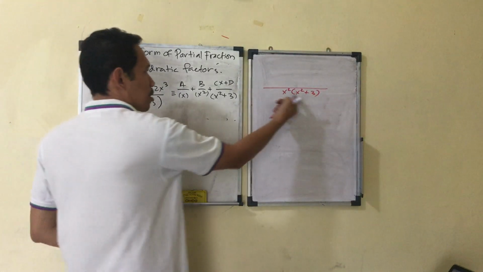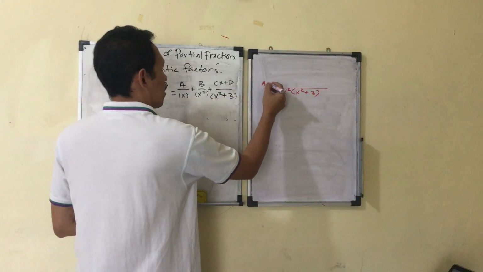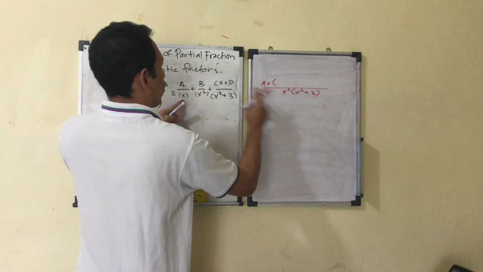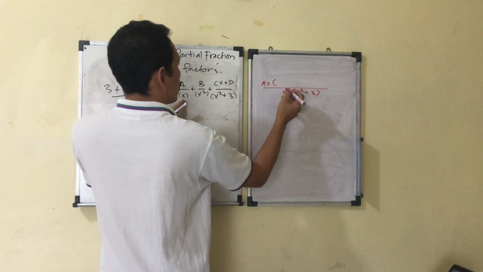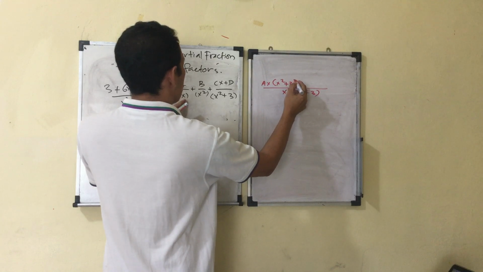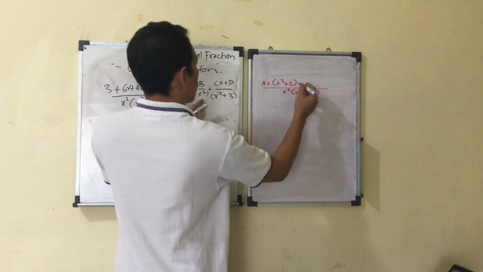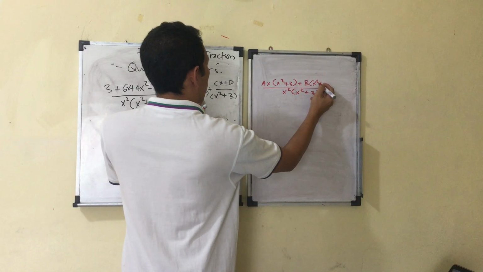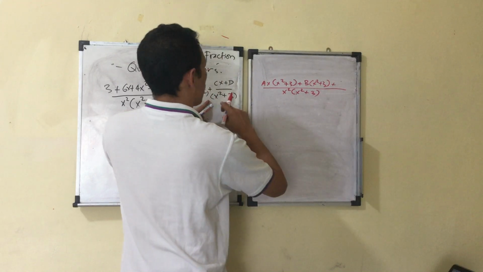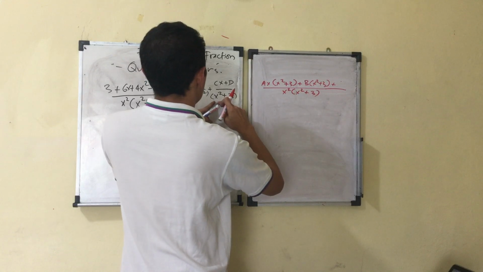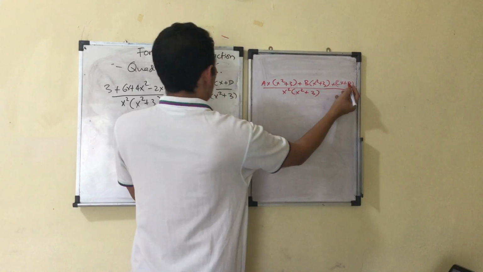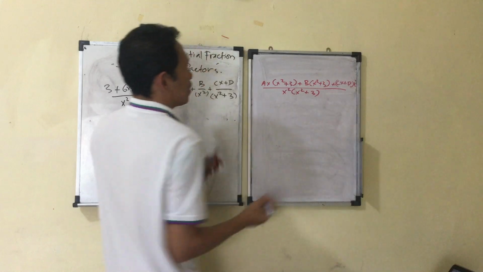Alright. So this term divided by x, you will have A, which is x squared divided by x, becomes Ax, only one x there, and then you will have x squared plus 3, plus this one divided by this will become B times x squared plus 3, plus this one divided by this, we have Cx plus D, and you are left with x squared, right? x squared is still there.